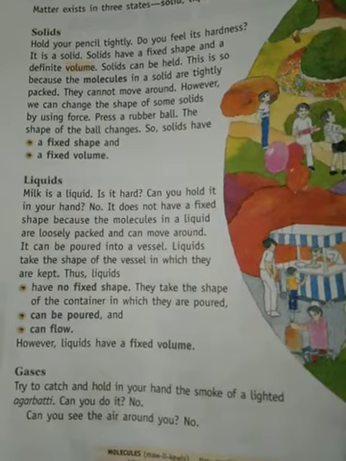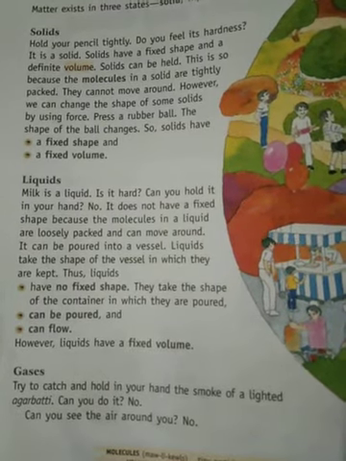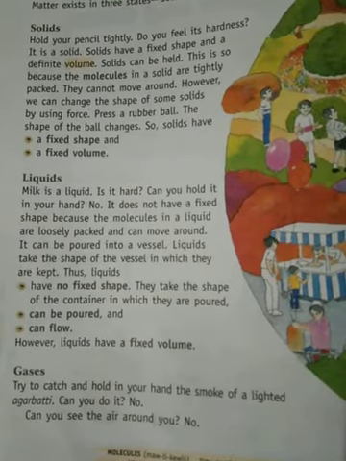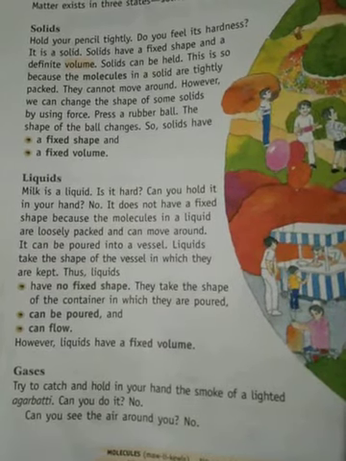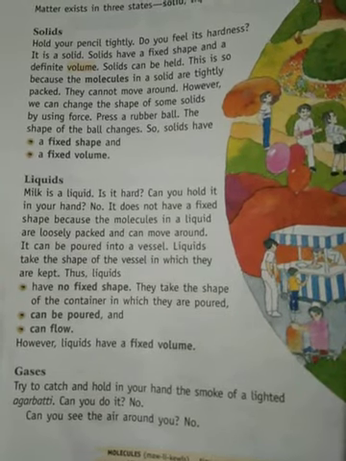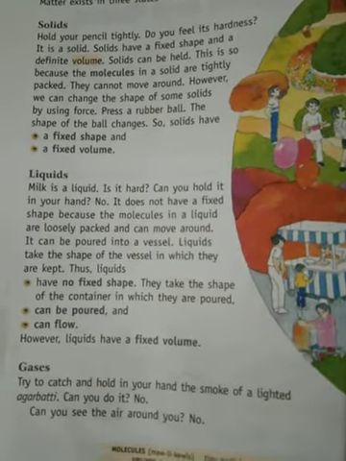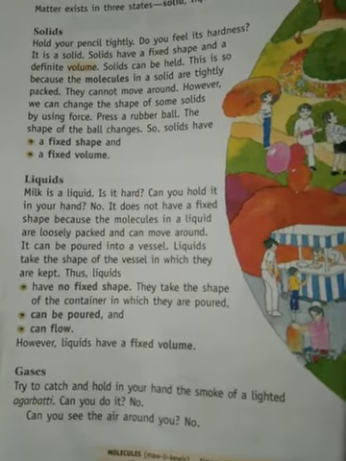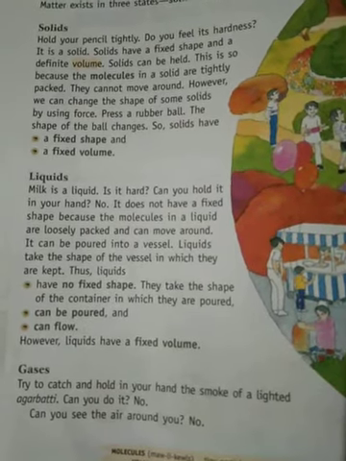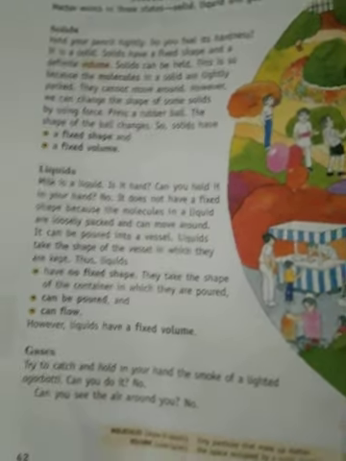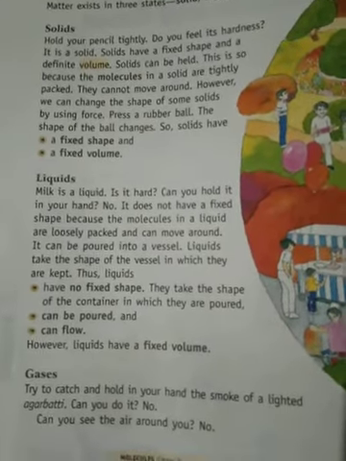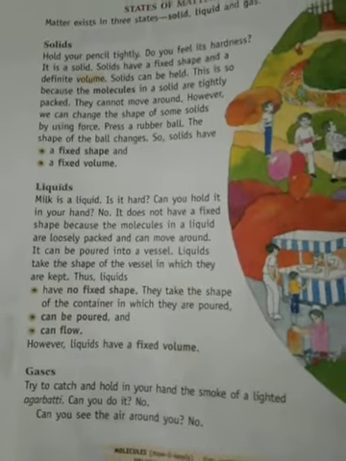But normally it doesn't change its shape, and it is not so simple to change the shape of the ball without applying any external force. So it is also a solid, but it is less hard. Understood? But we have to learn that solids have a fixed shape and fixed volume.